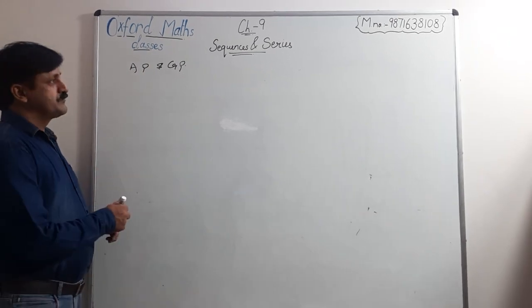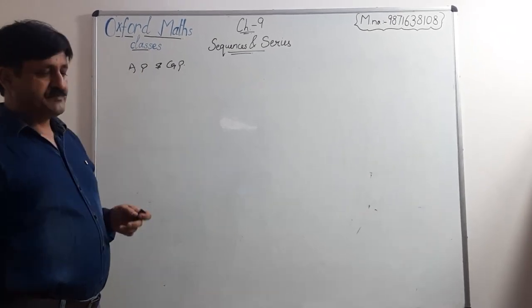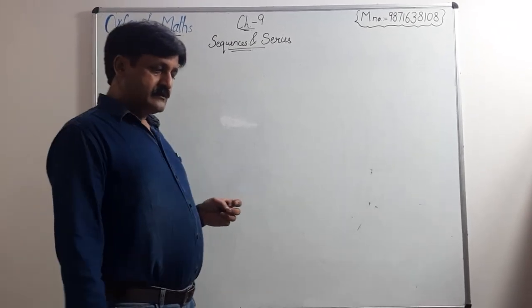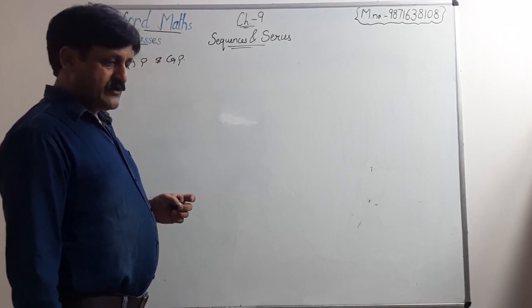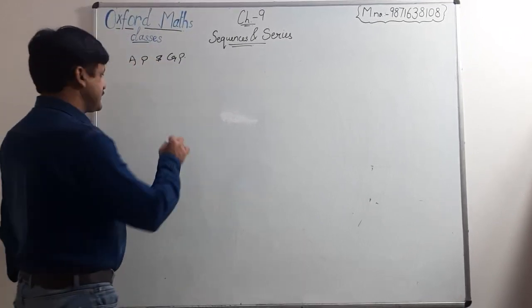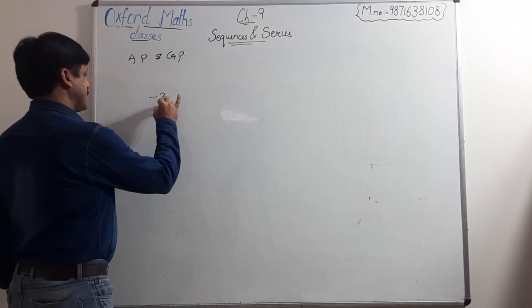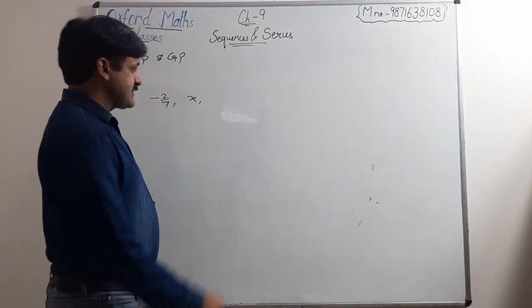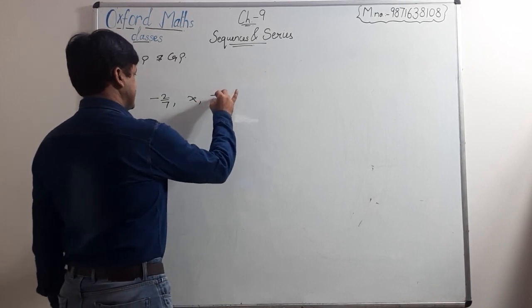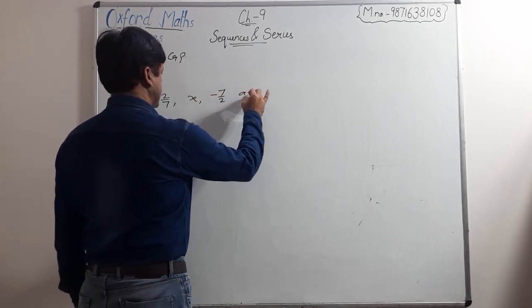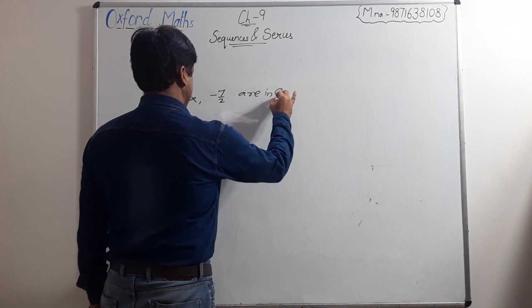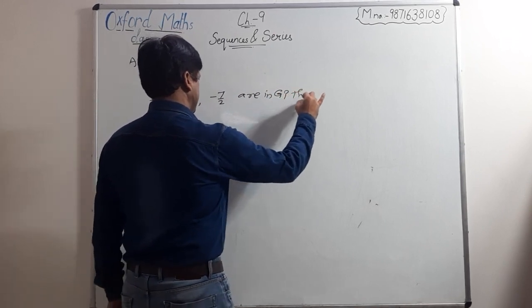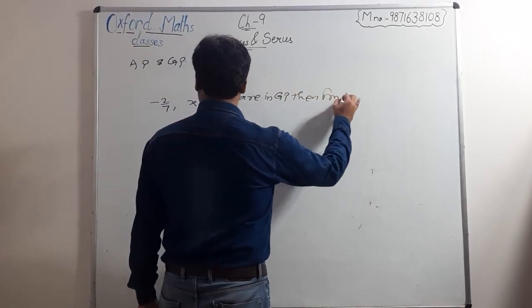Now, some questions from GP. Find the value of x if minus 2 by 7, x, minus 7 by 2 are in GP, then find x.